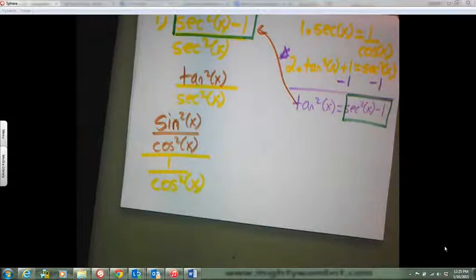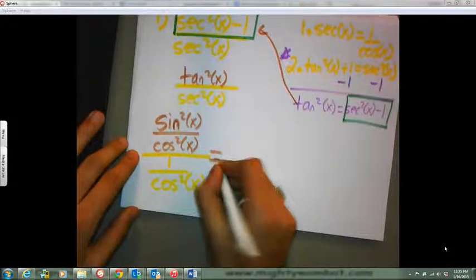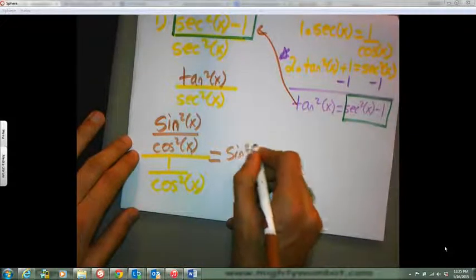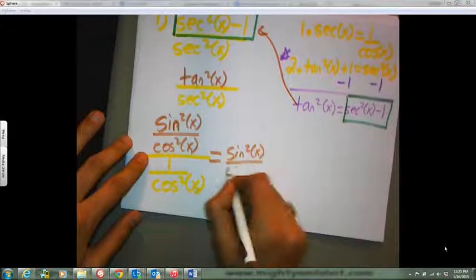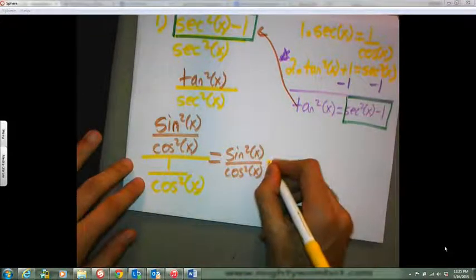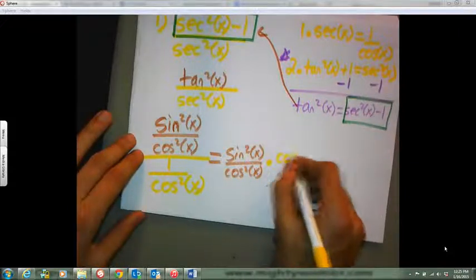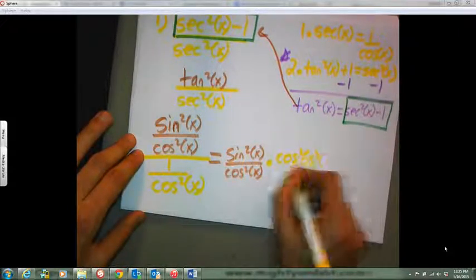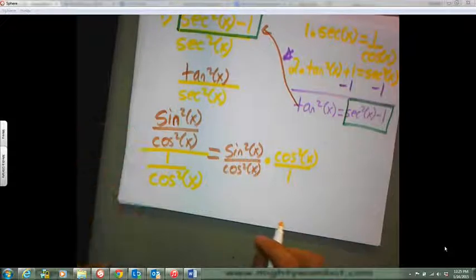So now I can do the algebra 1, keep change flip. I'm going to keep the top, change division to multiplication, and flip this. I'm just going to finish off the algebra, and here's my final answer.